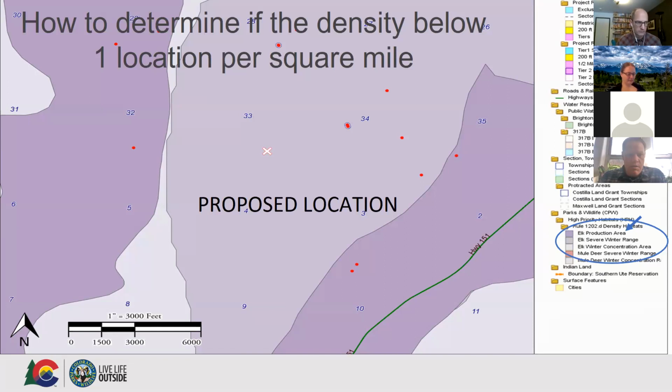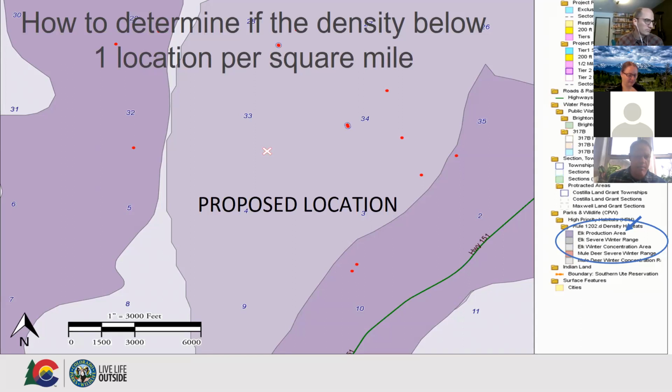So basically, you pull up COGCC and you turn on the wildlife layers of those 1202D habitats. And then you can plot your location using the COGCC tools.